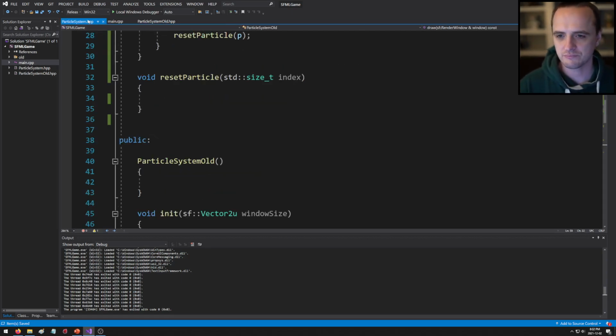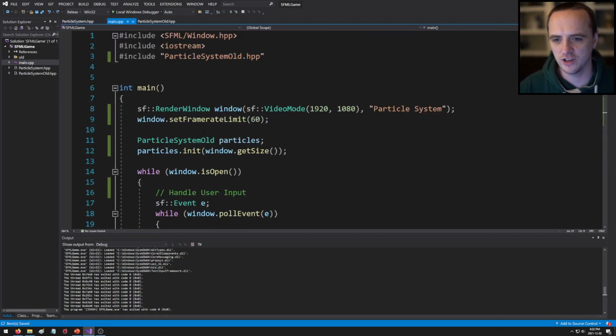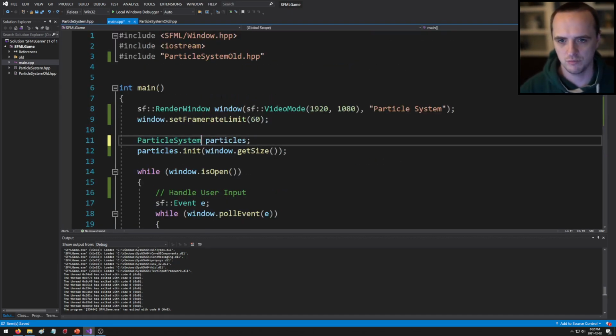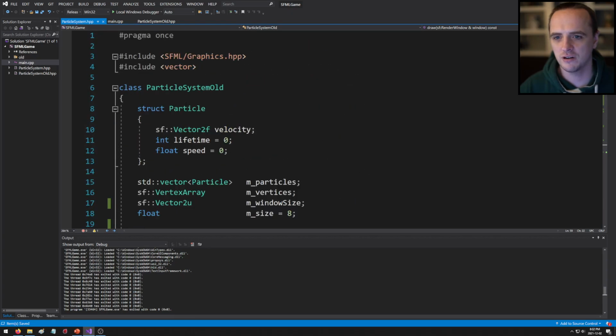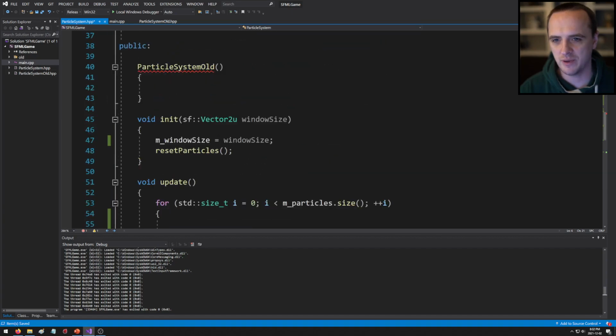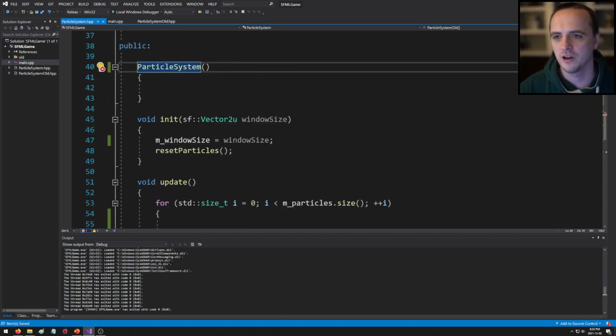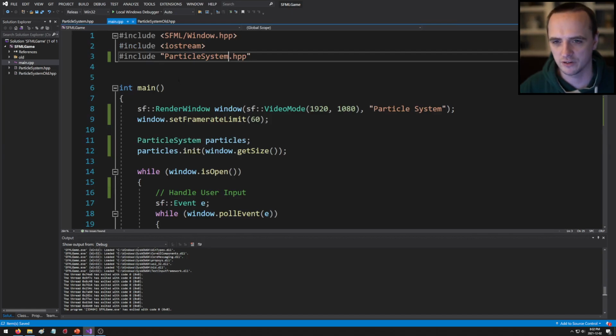Okay, so over here, what I'm going to do now is switch this back to the new particle system. Oops, I've got to rename that. I just have some really basic skeleton code to help me remember what to write for the lecture.